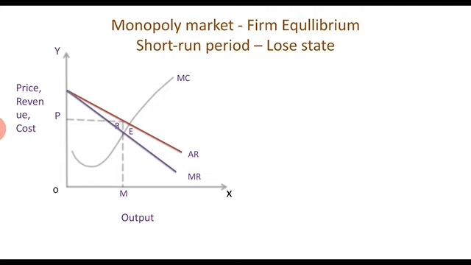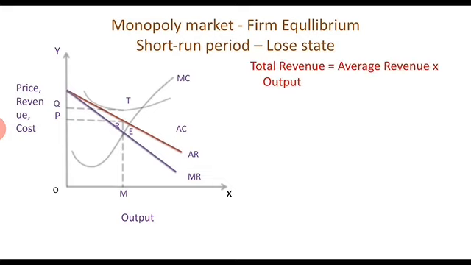At this state, the average cost of the firm is OQ. Here average cost is more than average revenue, so the firm gets only loss.